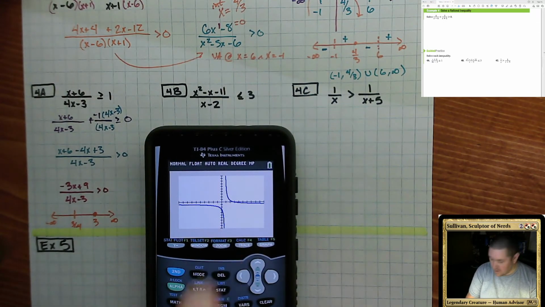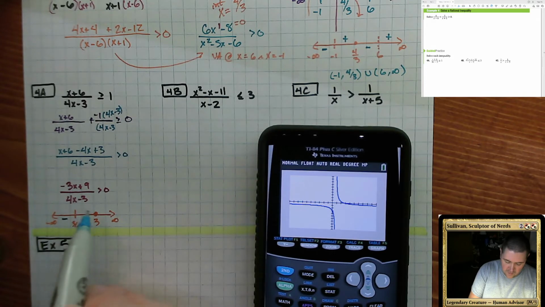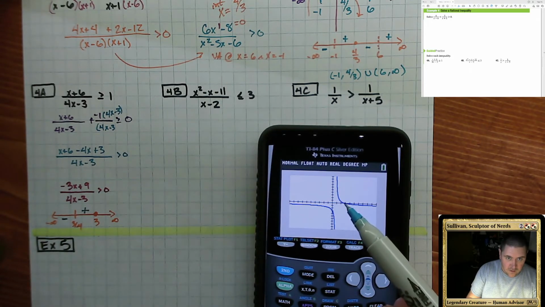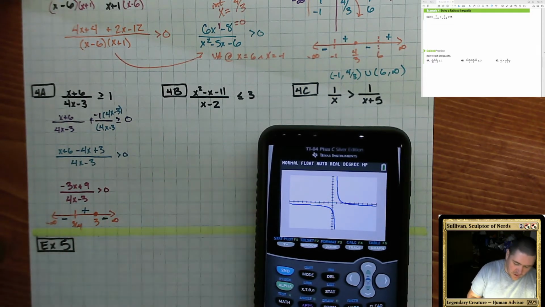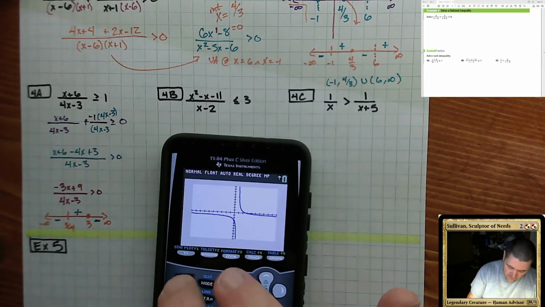But look at how easy it is to just take a peek at my calculator and say, until my asymptote, it's going to be negative. From my asymptote to the x-intercept, it's going to be positive, and then it crosses at 3, heads down, going to be negative.